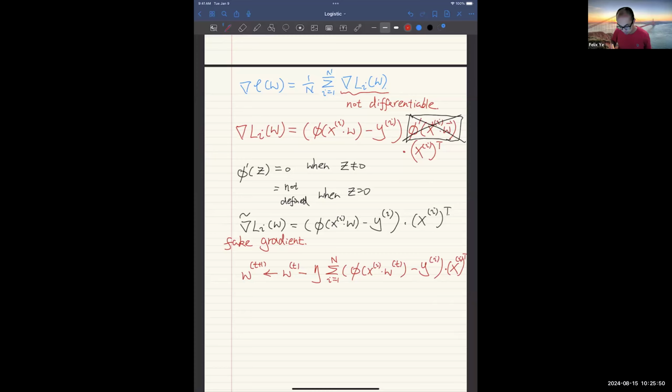So this is your gradient descent scheme.